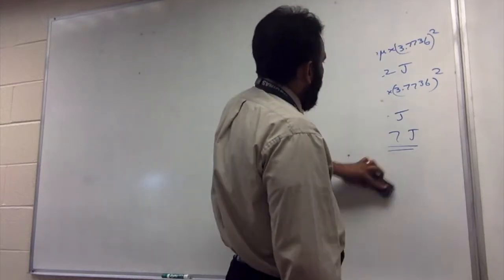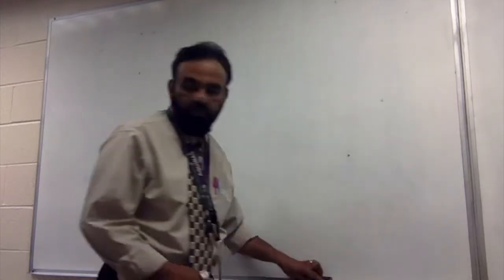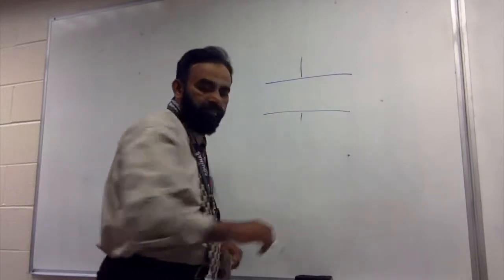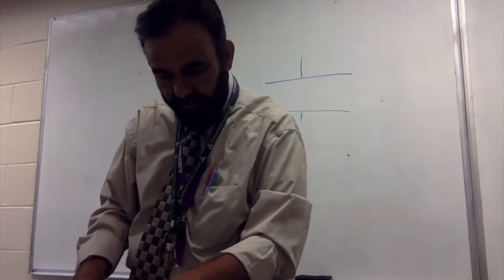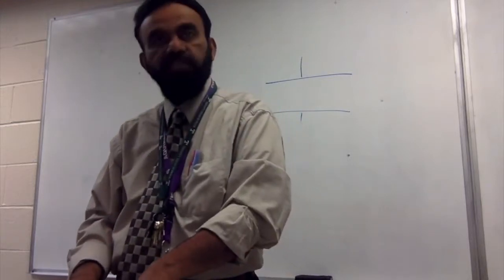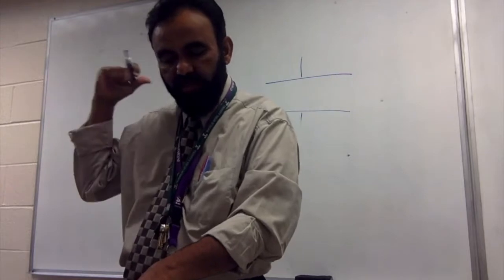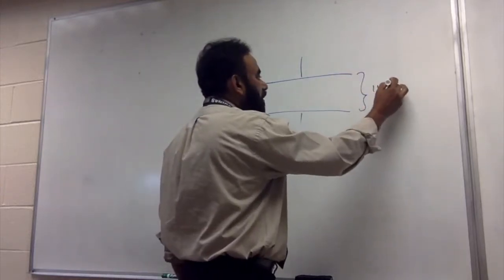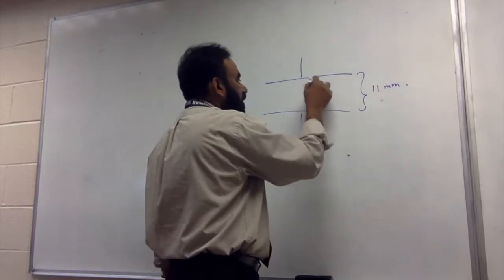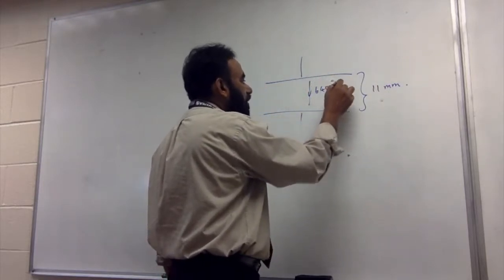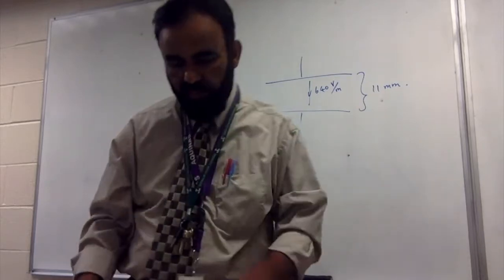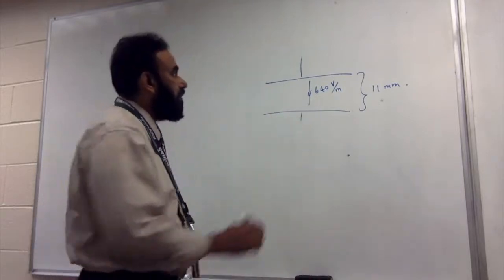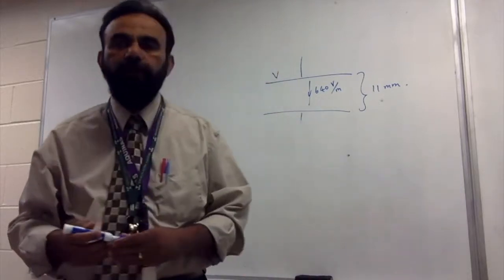So you have parallel plates, 11 millimeters apart, and you need an electric field of 640 volts per meter. The question is, how large a voltage should be applied? Like what's the potential difference that should be applied?